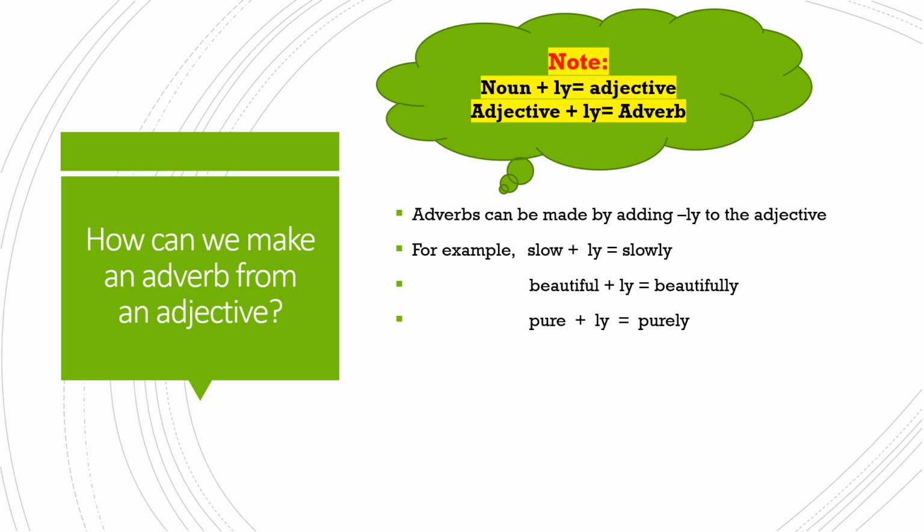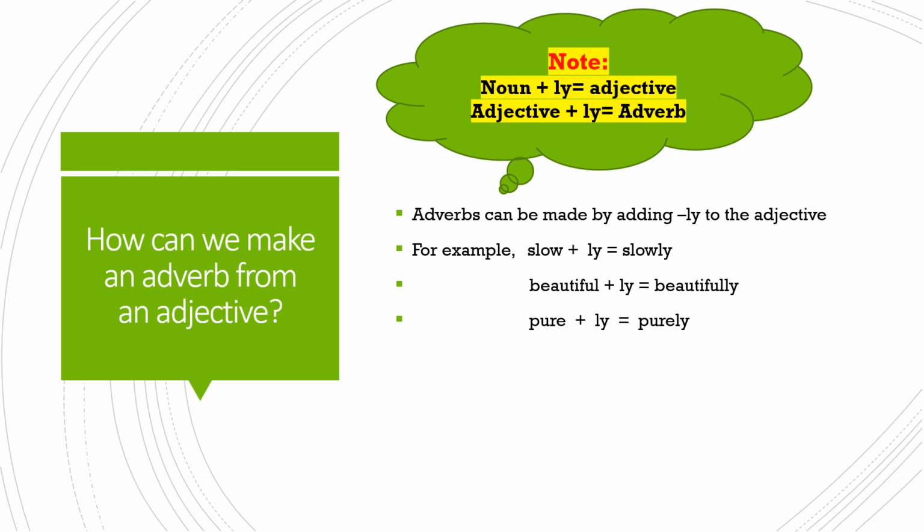And if you separate the main root from ly and it functions as an adjective, then it will be an adverb. In simple words, by adding ly to nouns, they function as adjectives, and if we add ly to certain adjectives, then they function as adverbs. So don't forget this main difference.